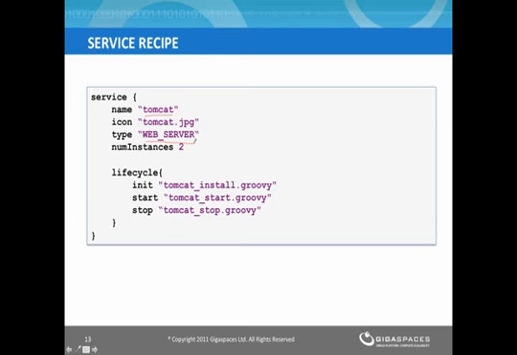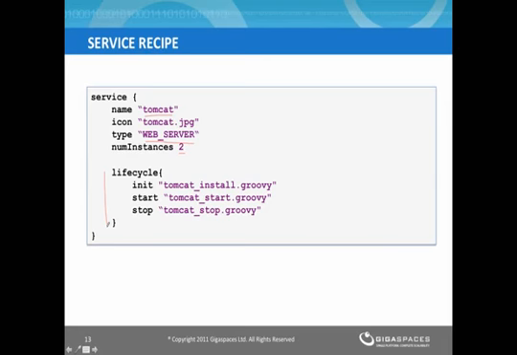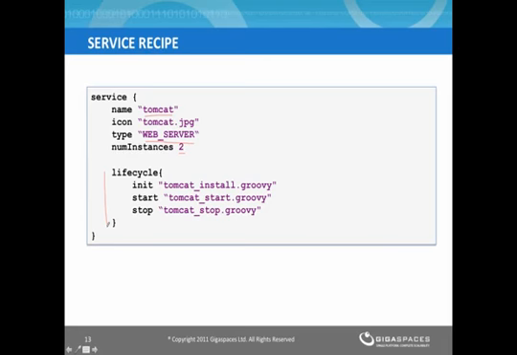The type is web server, and the type will determine how Cloudify will present and treat this service in the user interface. Then there's the initial number of instances, and a bunch of lifecycle scripts that tell Cloudify how to install, start, and stop this component. These are just plain Groovy scripts. They are special in the sense that these Groovy scripts have some context information exposed to them. So if you write an installation script, you can interact with the Cloudify environment to express dependencies, and we'll see that in a second.